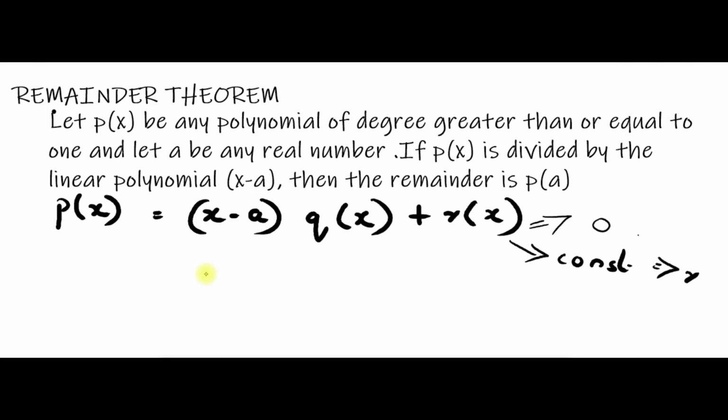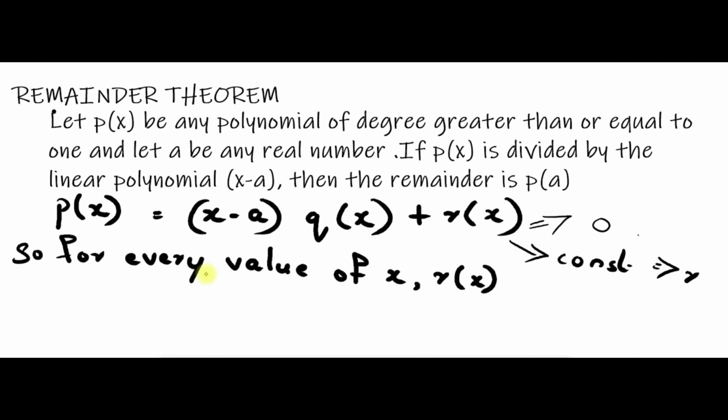So, for every value of x, r of x will be equal to r. Therefore, p of x is equal to x minus a into q of x plus r.